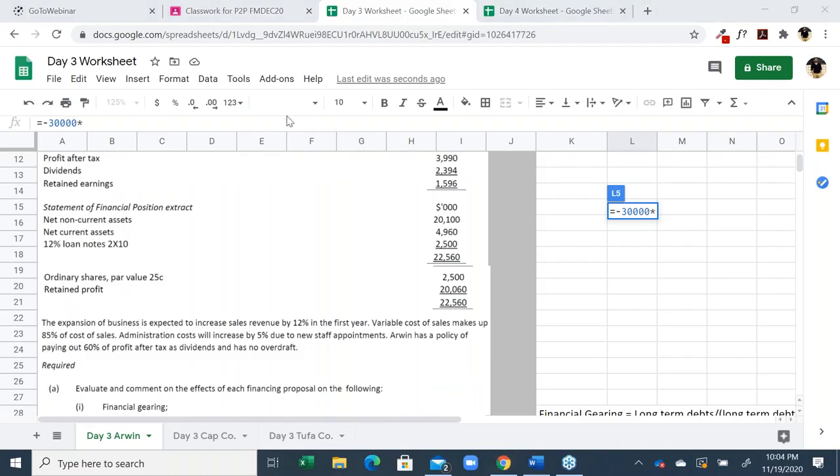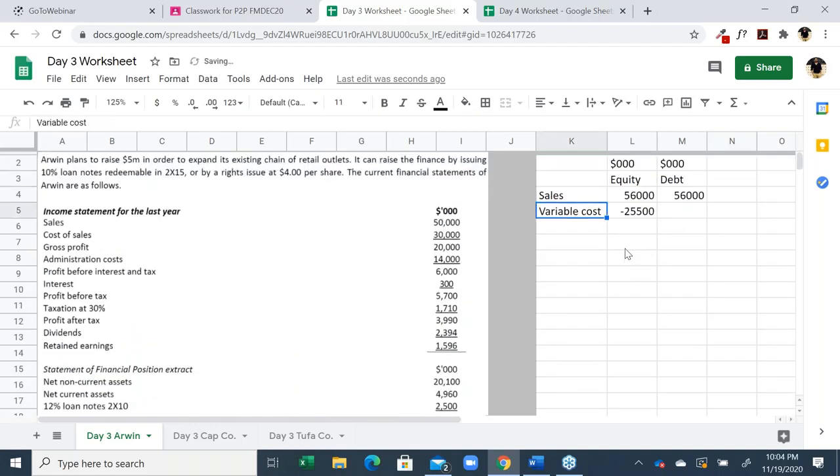Okay, yes, it's 85%, right? If the current variable cost is 25,500 and your sales are growing by 12%, then your variable cost will also grow by 12%. So it will be multiplied by 1.12, which gives 28,560. And again, there will be no change because of the source of finance. So it will be the same.